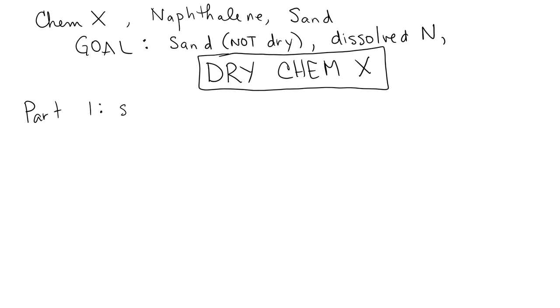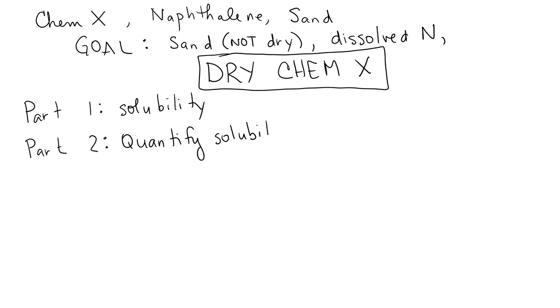We're going to determine solubility of those compounds. From the solubility of those compounds, we're going to come up with some idea of how we can do the separation. In part 2, we are going to quantify the solubility. I'm going to be asking you why you think we need to quantify the solubility when we get to lab.